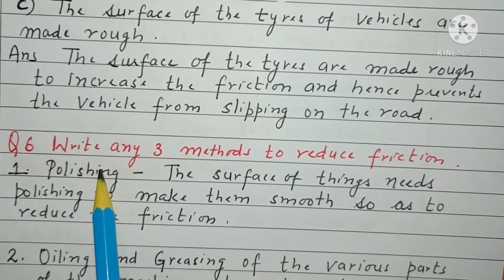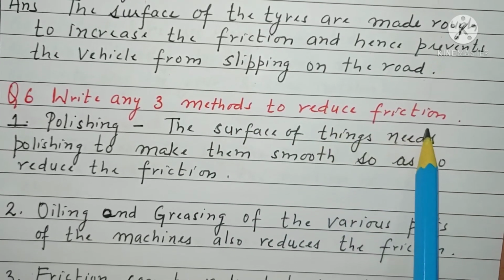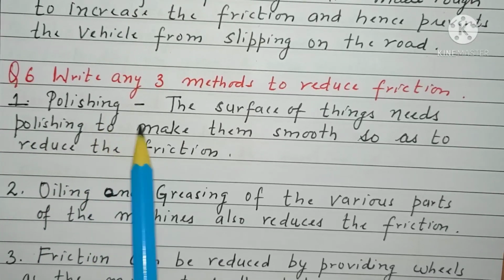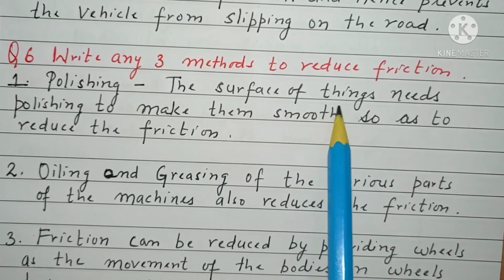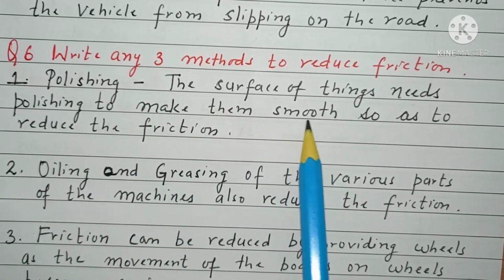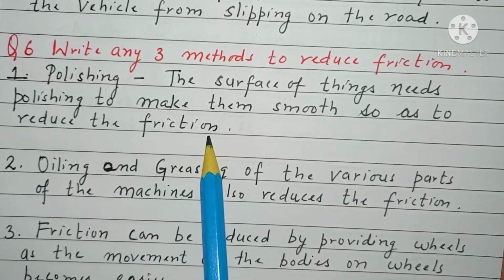Now, we will discuss 3 methods to reduce friction. The first method is polishing. The surface of things needs polishing to make them smooth so as to reduce the friction.